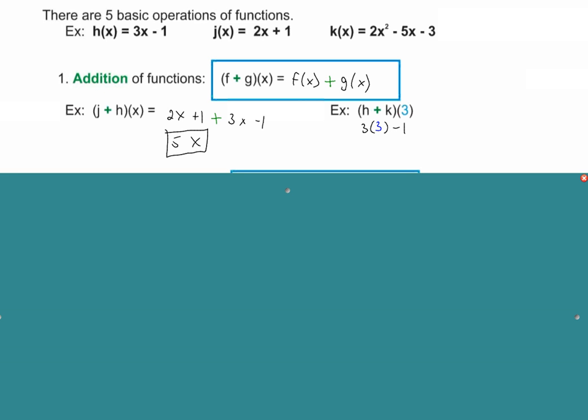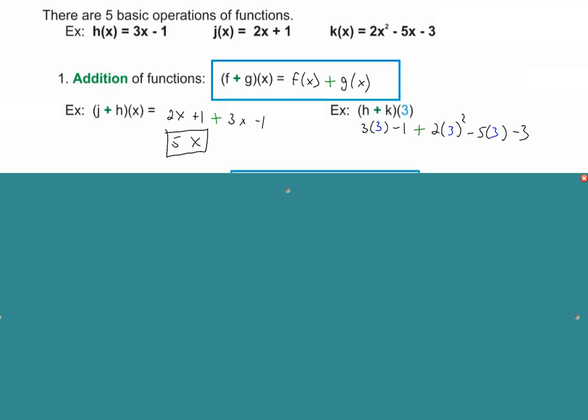So that's the h function. We'll take the plus sign in green, and now I want to do the k function. And again, everywhere where the variable is, I'm putting a parenthesis so I can go back in and put in that 3. All right, so 2 parentheses x squared minus 5x parentheses minus 3, and now we got to put in the input of 3 each time.